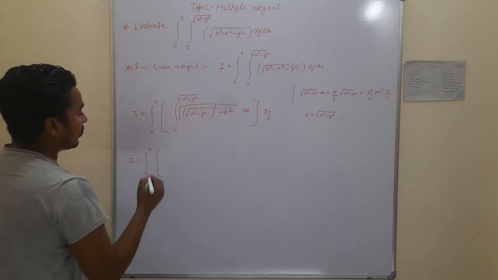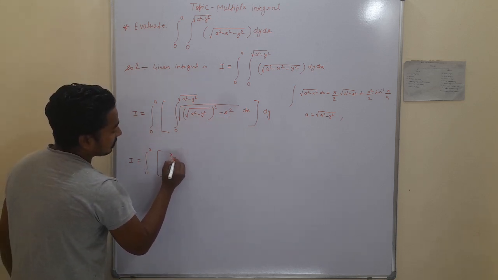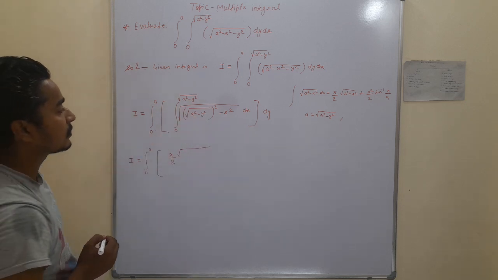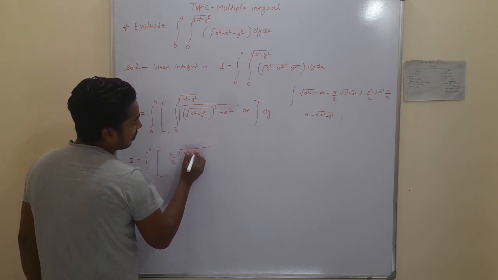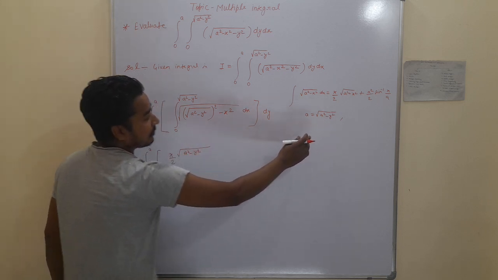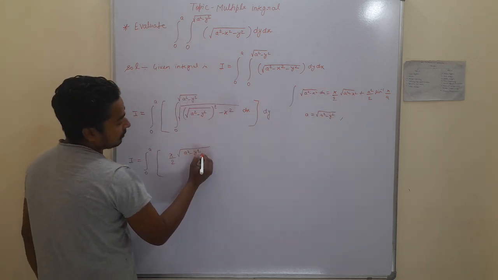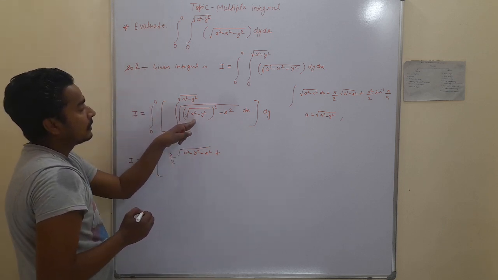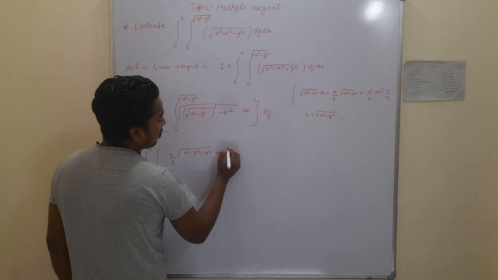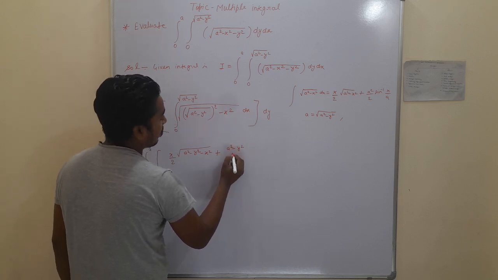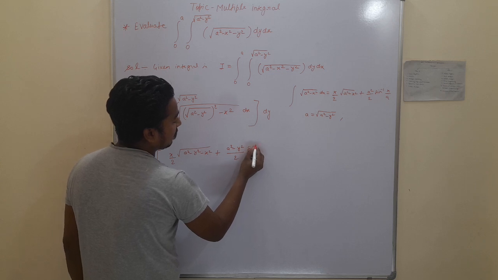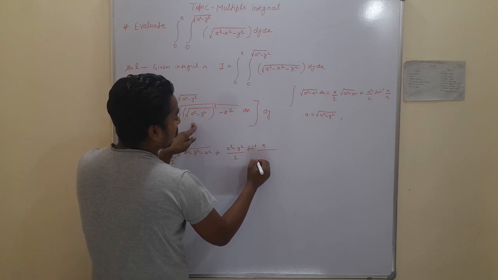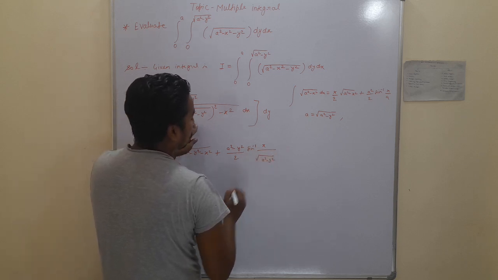We get x by 2 under root of a square minus y square squared minus x square, plus a square minus y square by 2 sin inverse of x by a, where x is x and a is under root of a square minus y square.